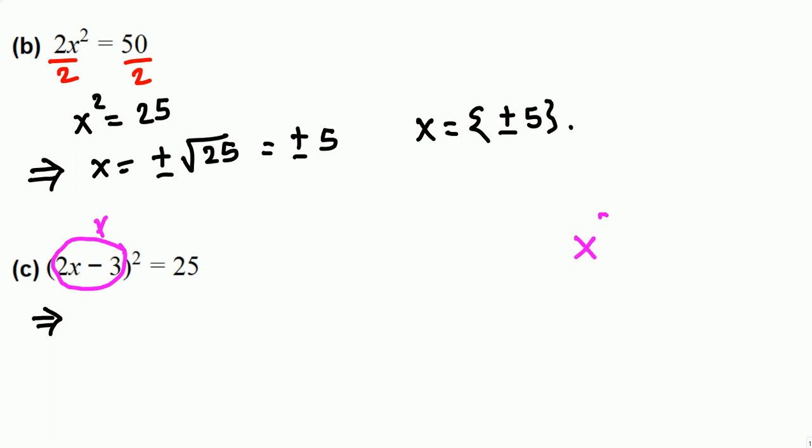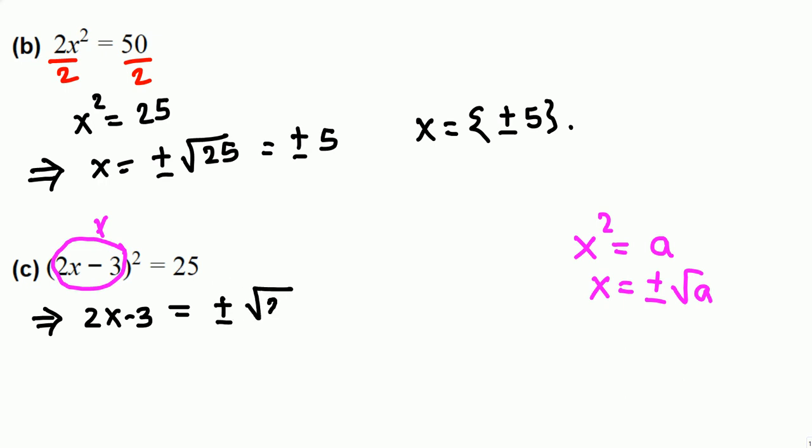When we have x squared equals some number, x is equal to plus minus the square root of a. So 2x minus 3 is equal to plus minus the square root of 25.